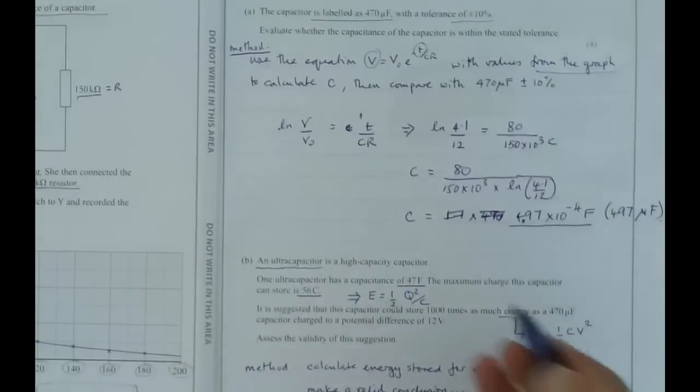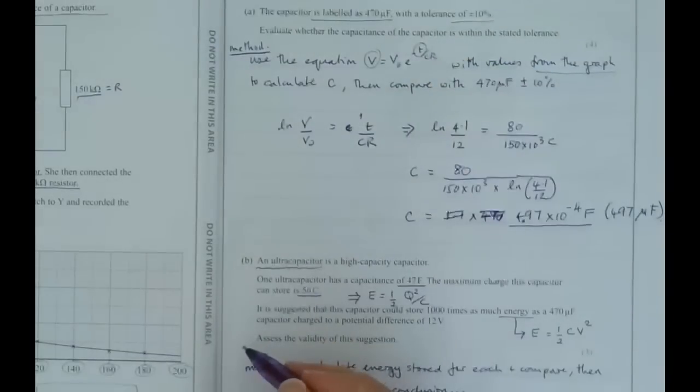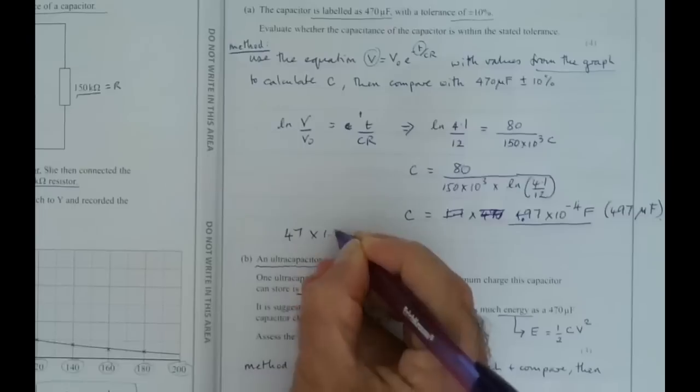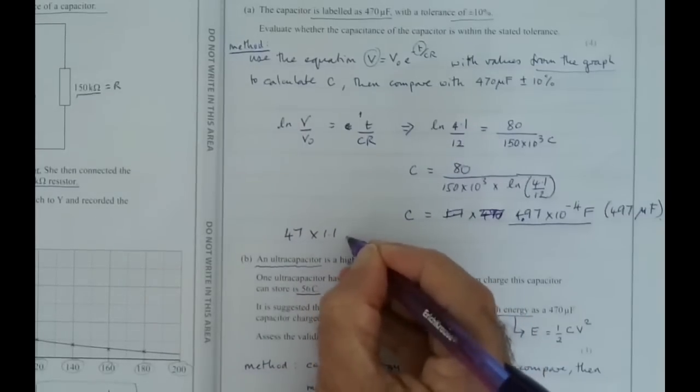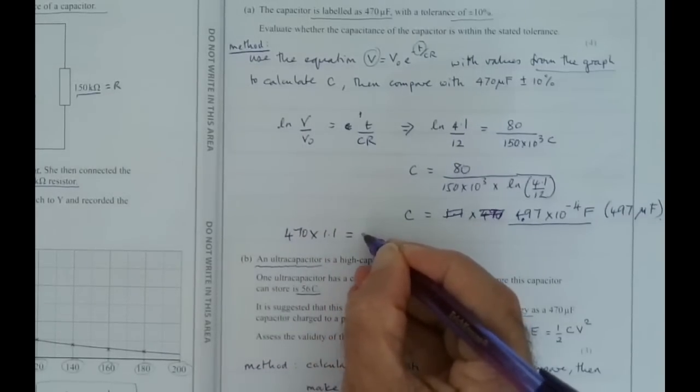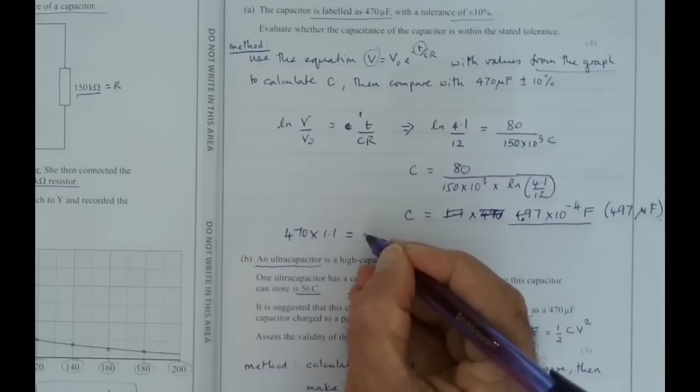Okay, now is that within 10% of the tolerance? So you've got to work out how much is 10% of 470. Well, 470 times 1.1, which is 10% added on, will give you a value of 517.